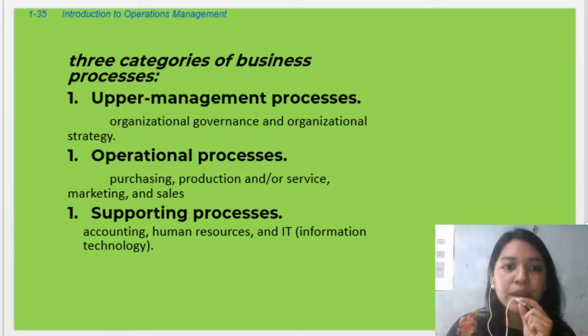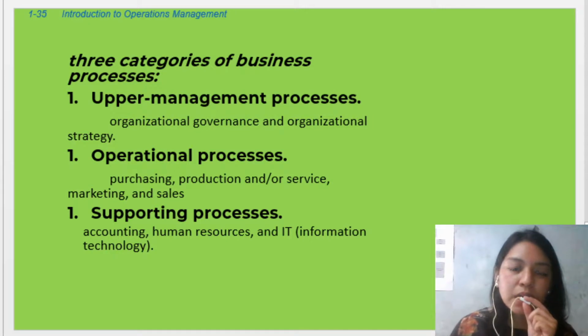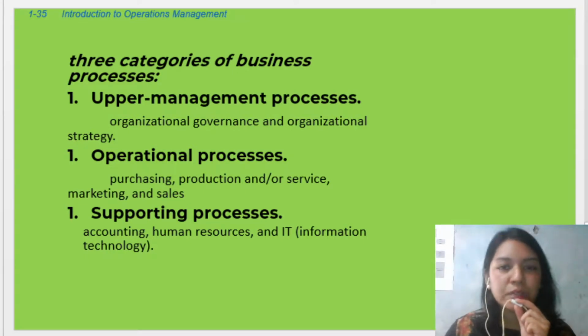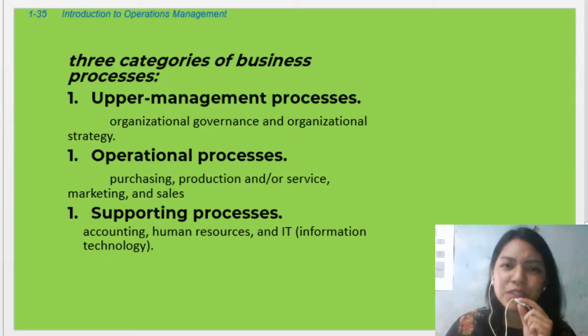The upper management processes is concerned for the entire management. Okay? Yung kabuuan, yung pag-manage ng kabuuan ng business. So, it's an organizational governance and organizational strategy. Nasa level ito ng mga top management, the CEOs, the CFOs.